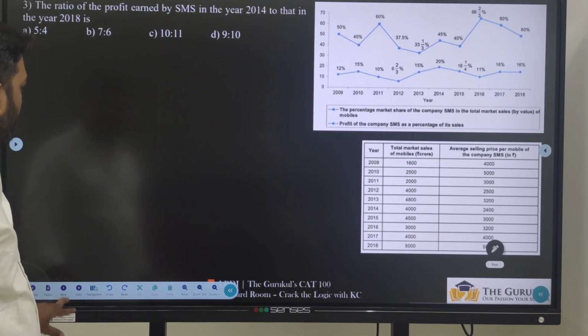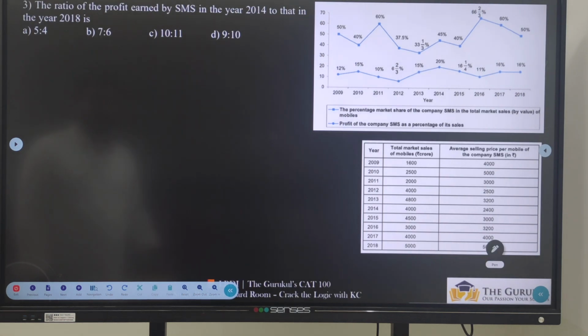Okay. Next one. The ratio of the profit earned by SMS in the year 2014 to that in the year 2018.